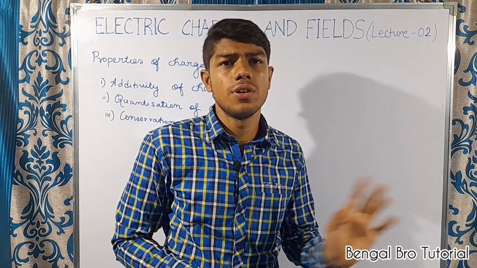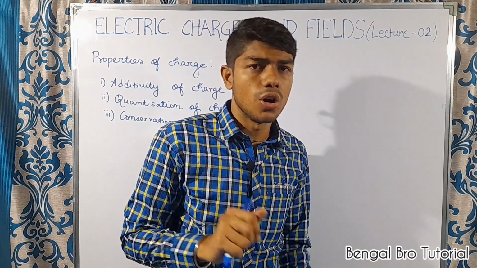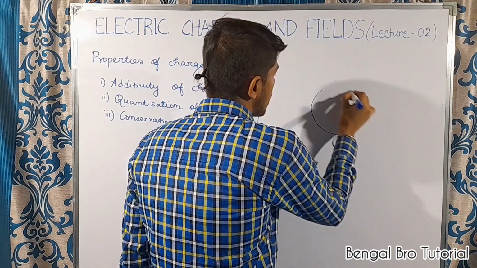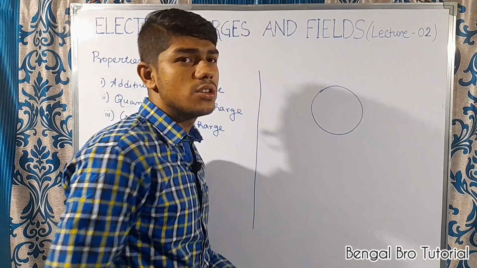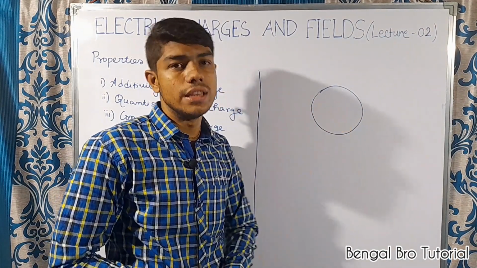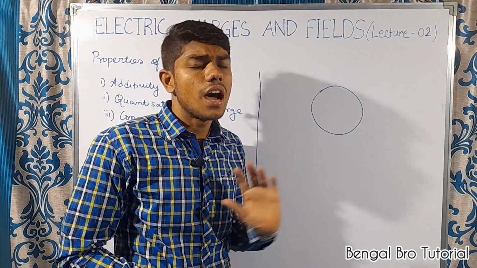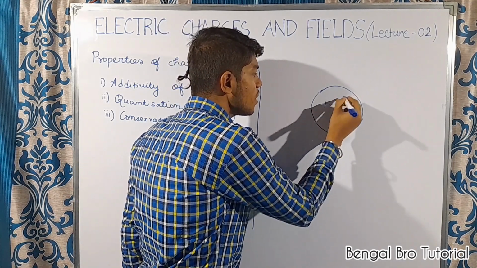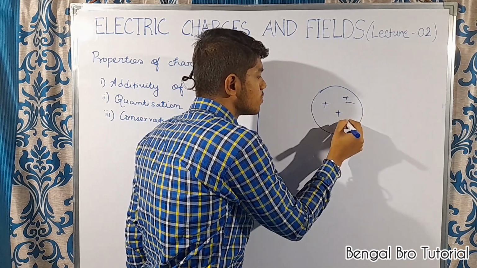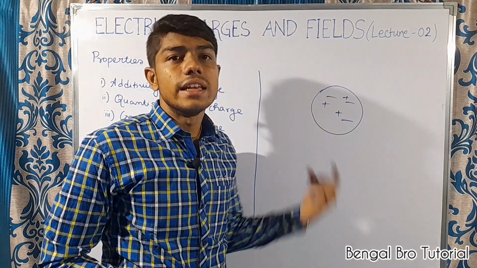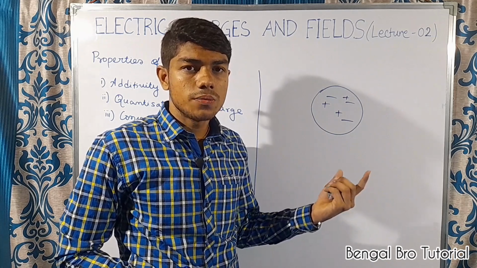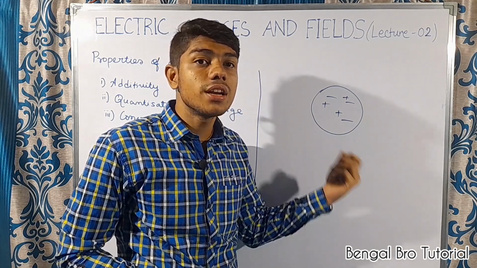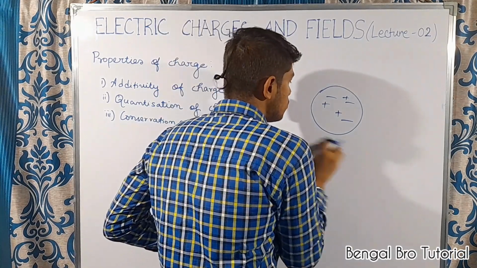Similarly, the charge that a body can possess is quantized, which means that it cannot have any continuous value of charge. If I ask you to find the total charge in this body, how will you determine it? For that you will see the number of excess electrons or the number of electrons that are deficient in this body.